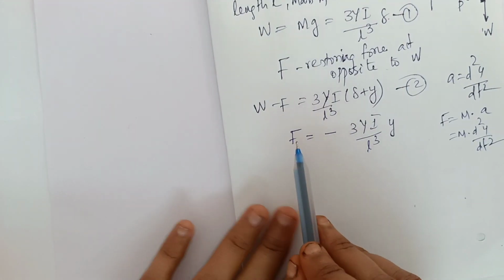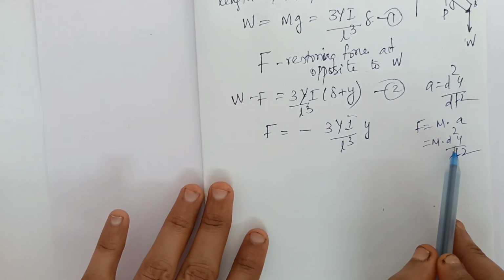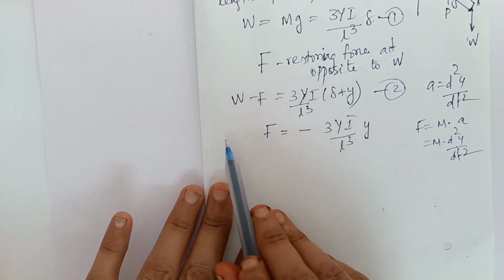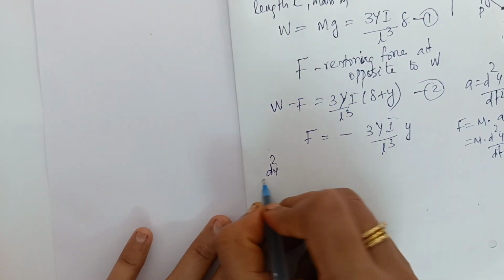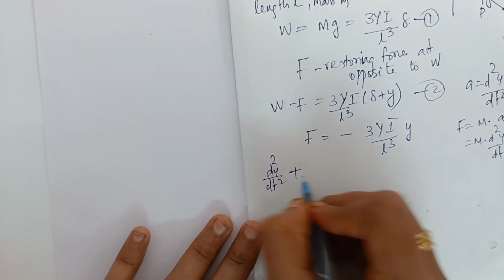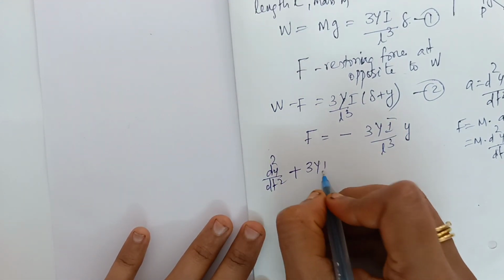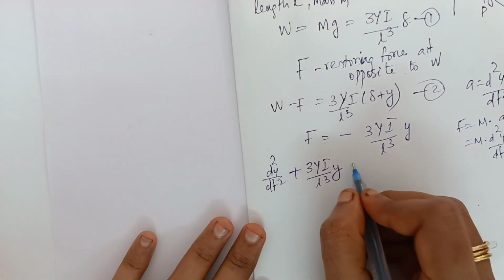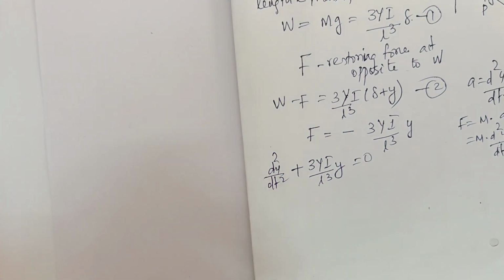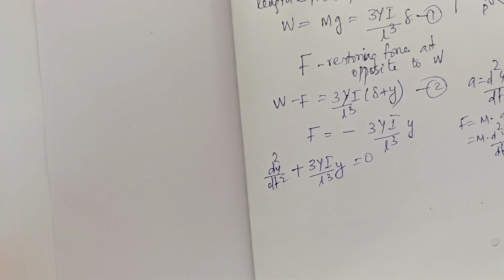For force we put m into d square y by dt square. That term we bring to the LHS, the RHS is brought to LHS. So what will be our equation? m d square y by dt square plus 3YI by L cube into y is equal to 0.